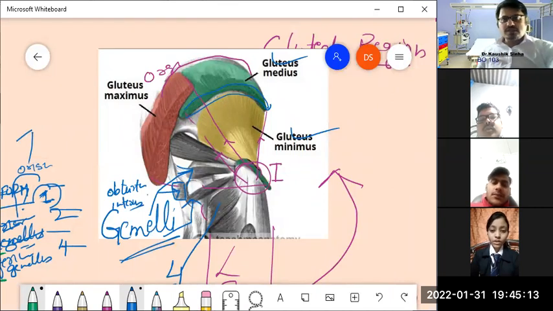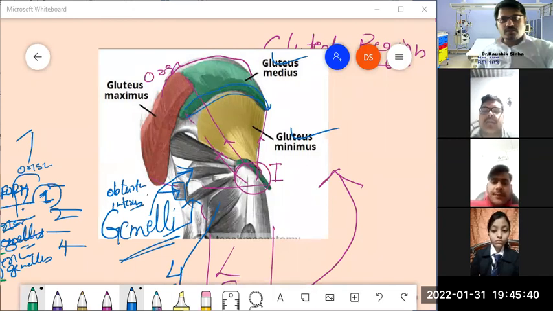So these are the concepts that I tried to demonstrate in this particular session. Clear? We can now move with this concept in our mind. We can now move farther below, to the thigh area.